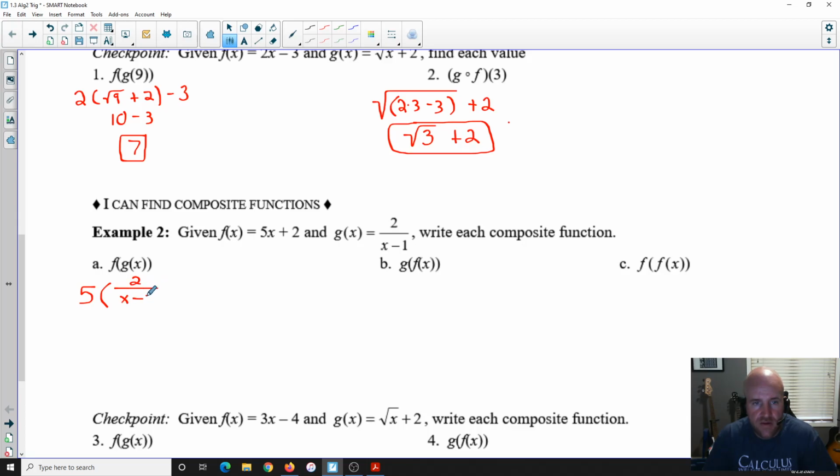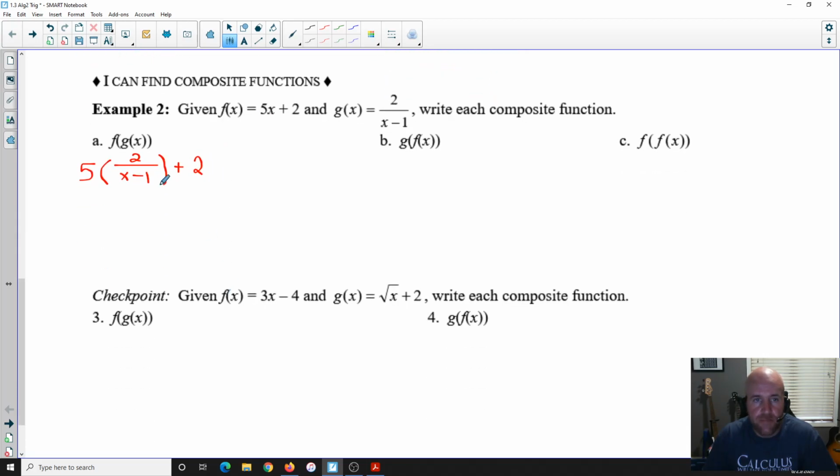Now notice that we don't have a value to evaluate. We just have an x. So our final answer should be a function with x in it. So there's 5 times our x, which is now the g function. And then we're going to add 2 at the end.